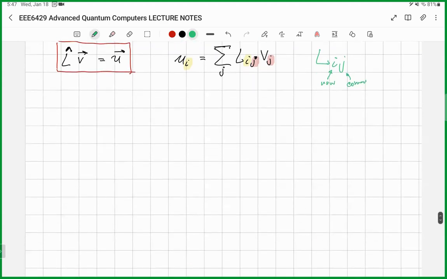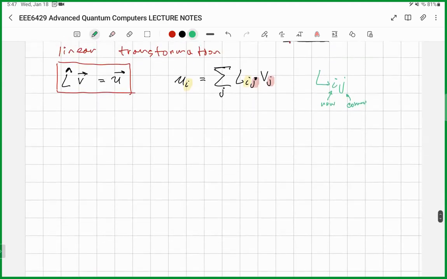Very well. So this formula is simply the matrix form of the operator representation.